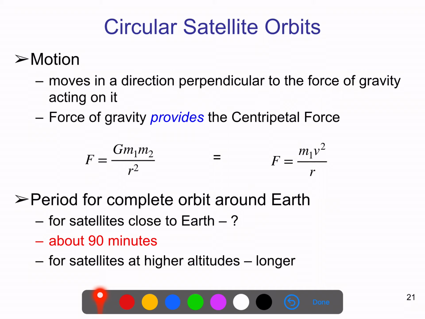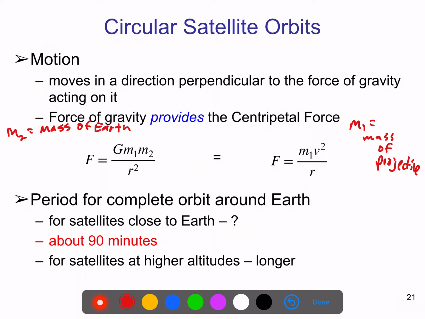When I do that, if I just say that G m1 m2 over r squared equals m1 v squared over r, where m1 is the mass of the projectile and m2 would be the mass of the Earth, I can simplify this.